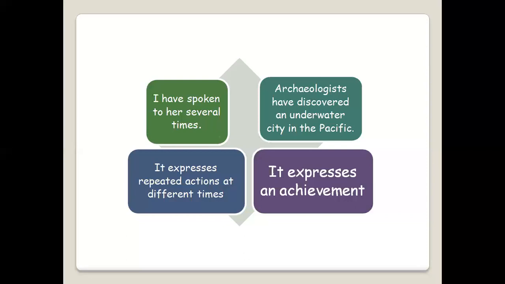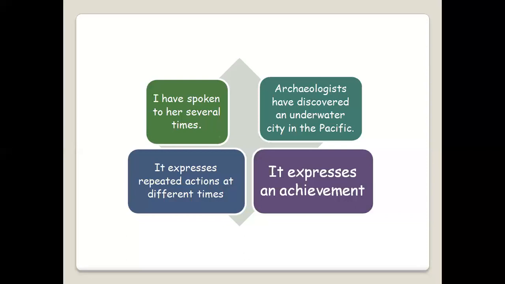The other usage here: archaeologists have discovered an underwater city in the Pacific. So in this example, I'm talking about discovering a city underwater in the Pacific Ocean. Discovering means it's an achievement.